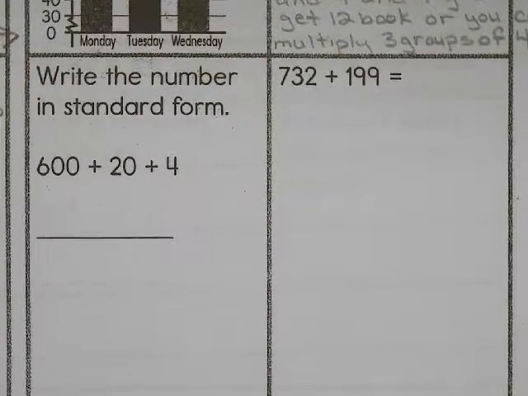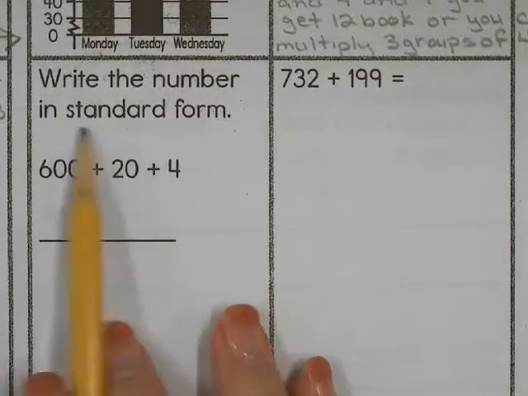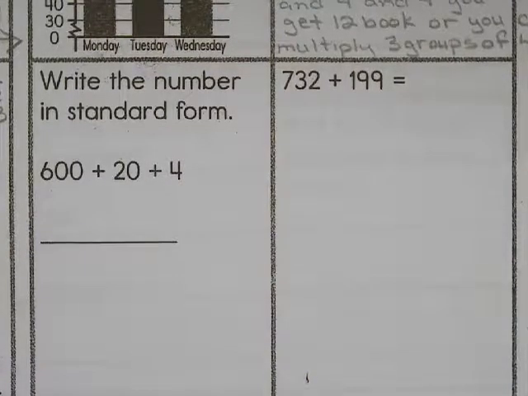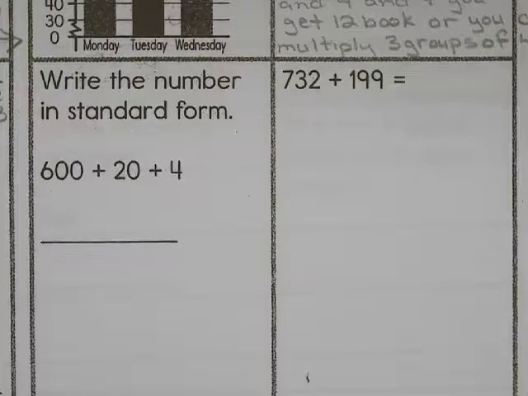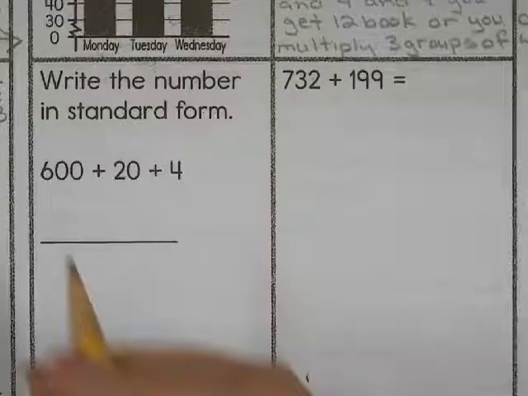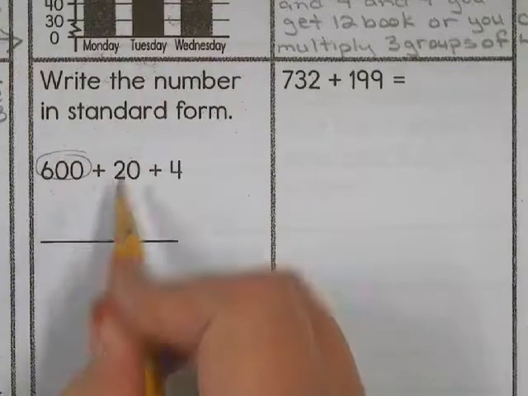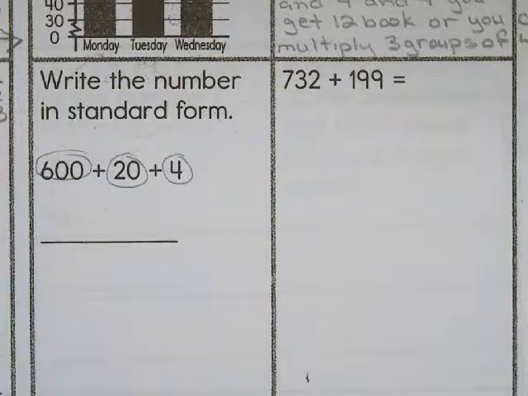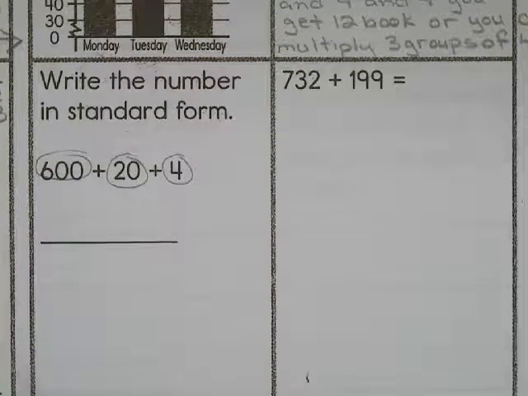Okay, so now let's take a look at write the number in standard form. Remember, standard form is when you take the digits and put them into a place value that they represent or they show. So we have a hundreds place, a tens place, and a ones place. Each one of these digits is going to go into its specific place depending on how much value it has.